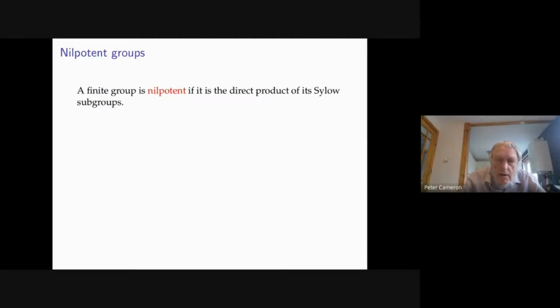Now, so that's the sort of basis that we're doing. Now let's go on to actually start attacking this problem. There's one case that turned out to be tractable and that we were able to do. So the group is nilpotent. A finite group is nilpotent if it's the direct product of its Sylow subgroups.